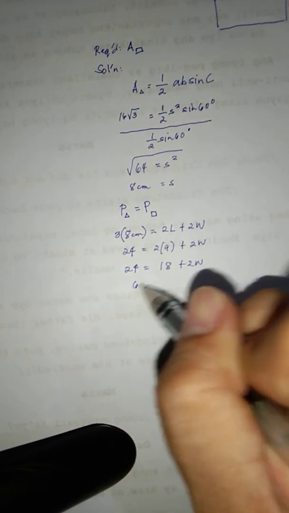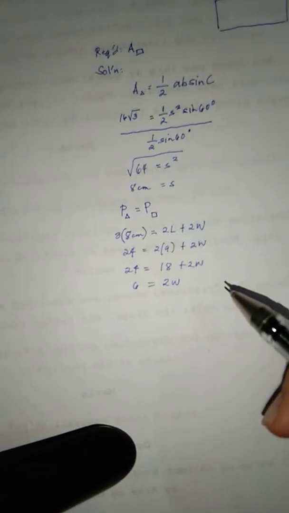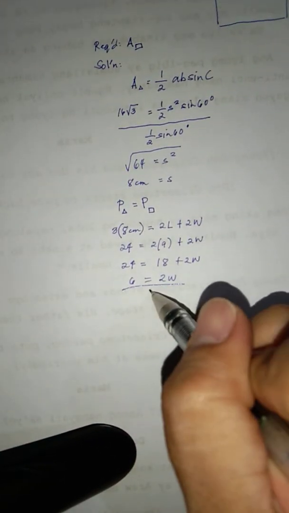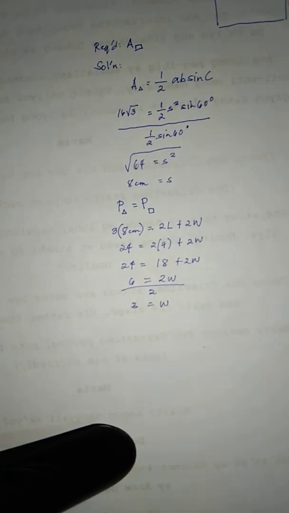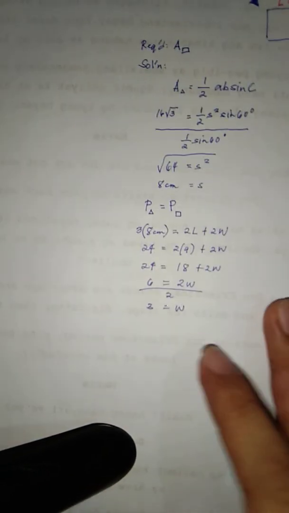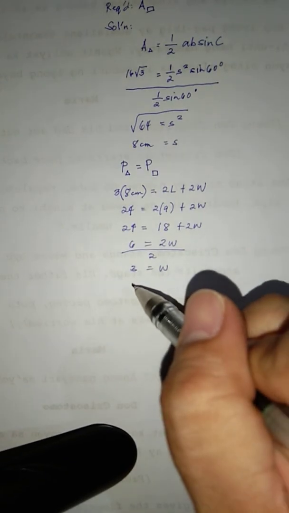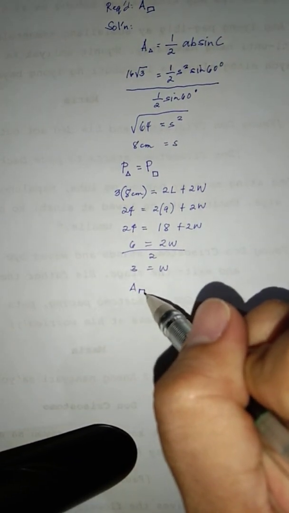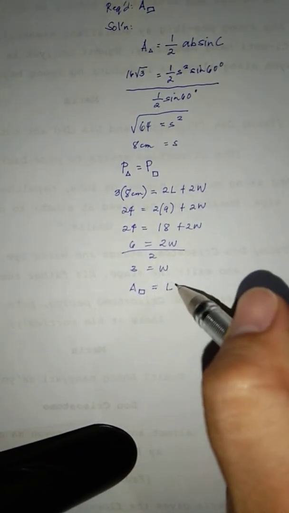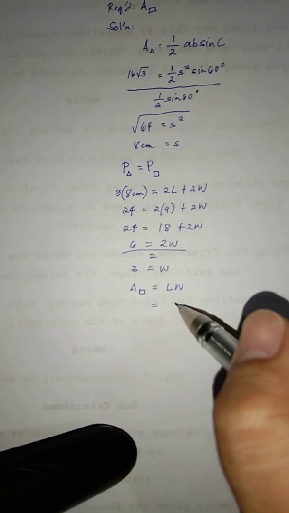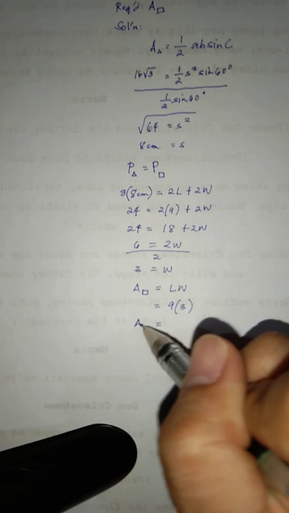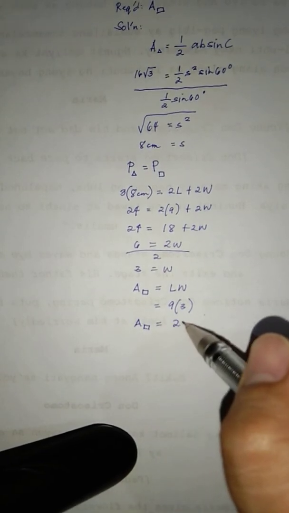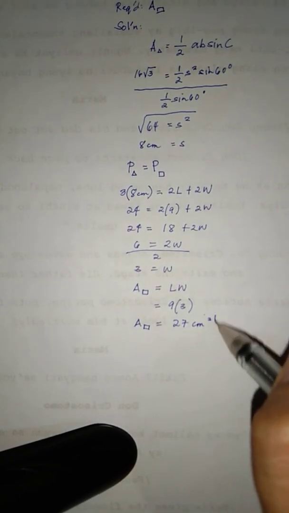Transposing, you get 6 equals 2W, divided by 2, you get W equals 3. With that, we can now solve the area of the rectangle, which is simply length times width, or 9 times 3. So the area of the rectangle is 27 square centimeters.